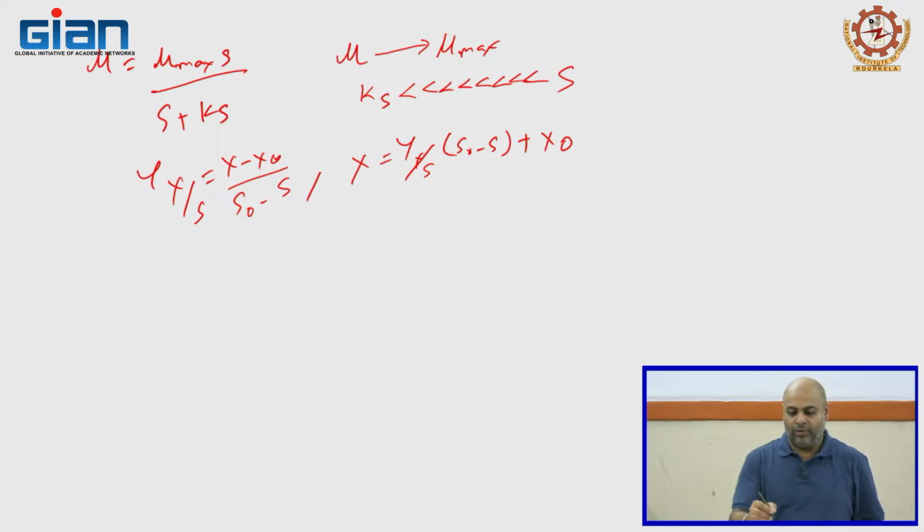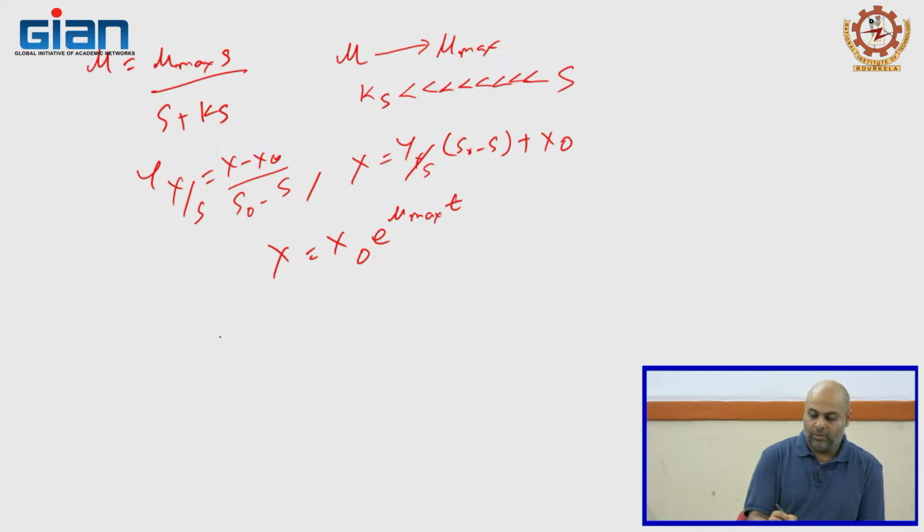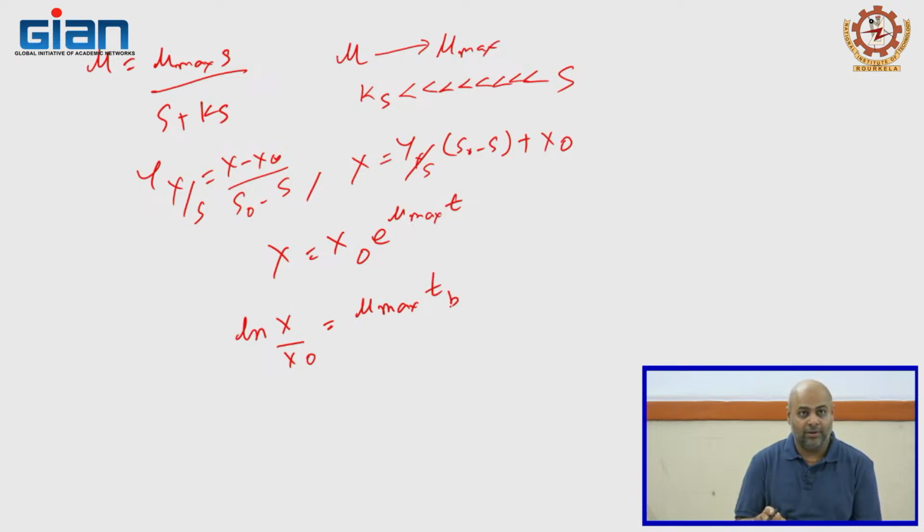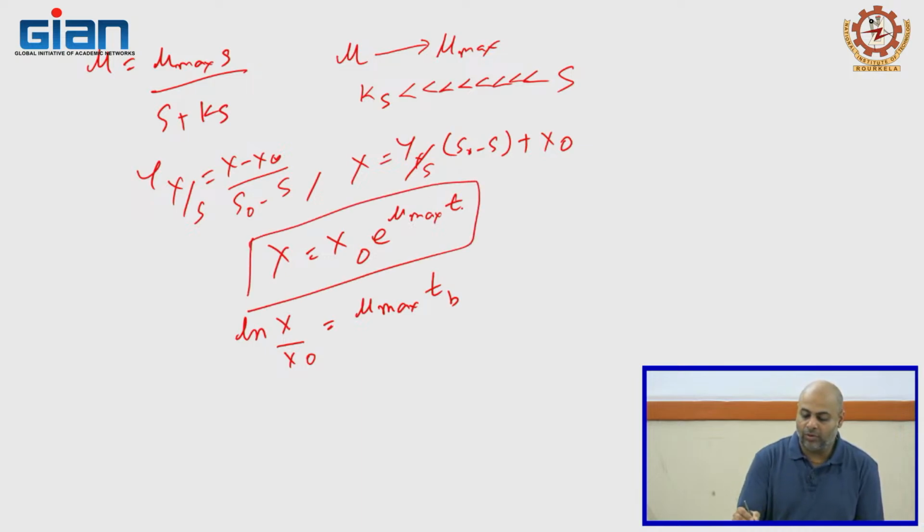Now, if you remember the equation where x was x naught e to the power mu t, so if I do ln x by x naught, it is mu max t b. This is your batch time. The t that we had here was your batch time. So, I am rewriting that equation, going backward.